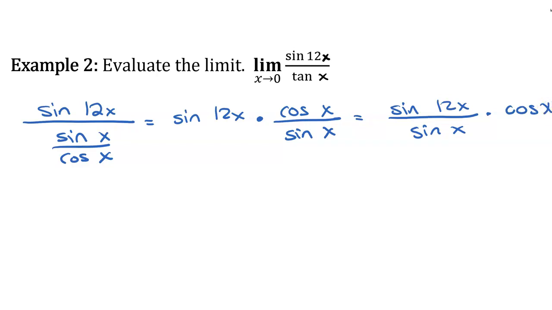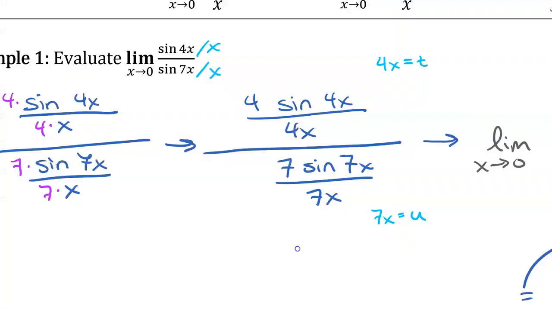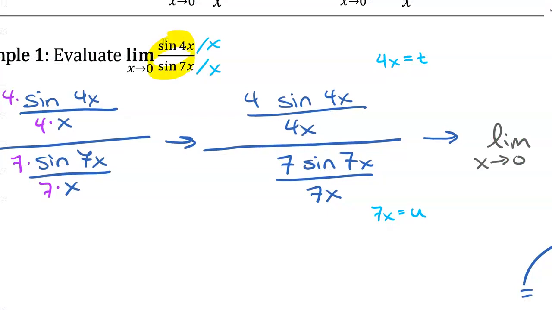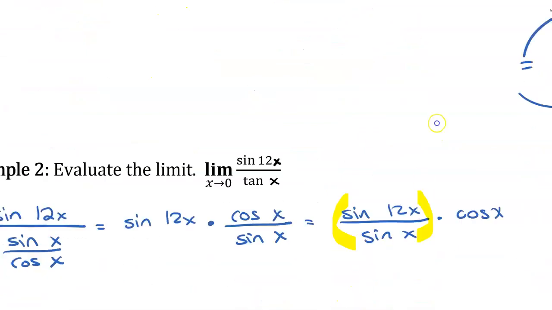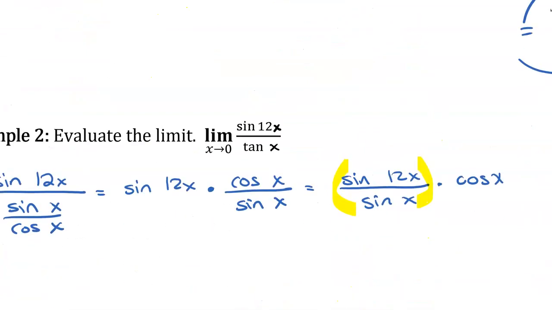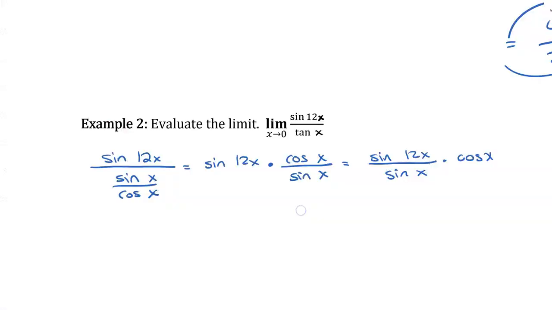All right, so this part has now been reduced to a previously solved problem, just like we did up there. Instead of 4x and 7x, now we're working with 12x and x, but the process is the same, isn't it? So we can apply the limit now.